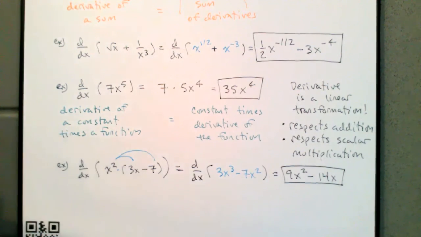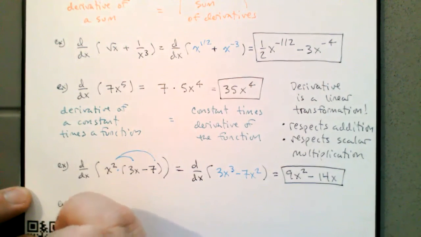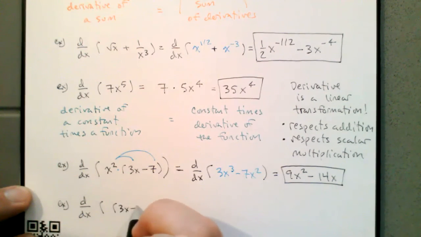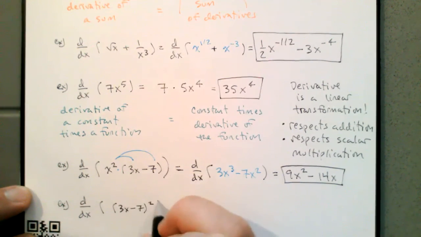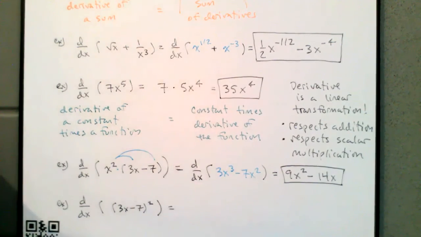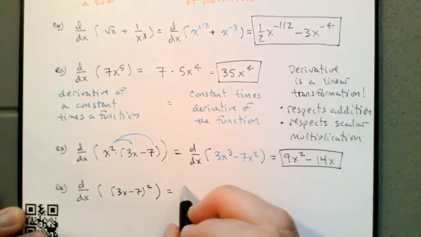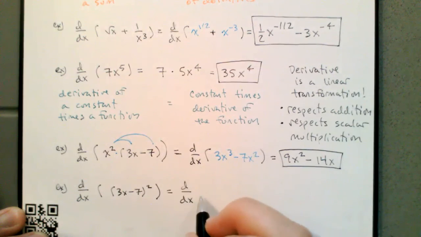Also, if, for example, we had to find the derivative of, let's say, 3x minus 7 squared. Now we have a composition of functions. We can just use some algebra to simplify our expression.